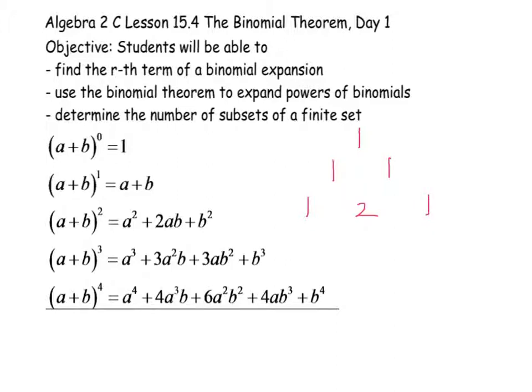For a plus b cubed, I have 1, 3, 3, and 1. And for a plus b to the fourth power, I will have 1, 4, 6, 4, 1. These are the values of the coefficients of each one of the terms.